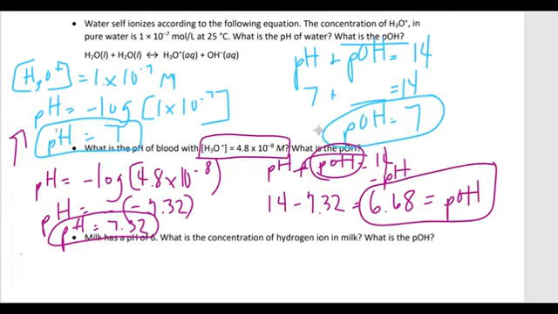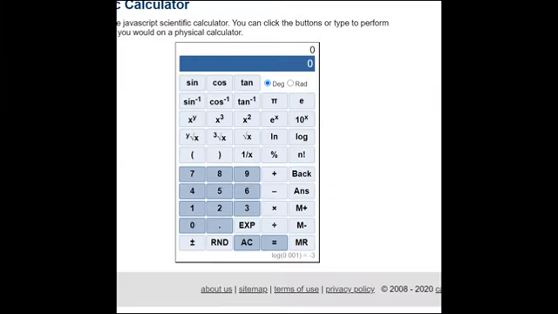Now let's look at your calculator. I'm putting this into your calculator to make sure, because this is where a lot of people go wrong and get the wrong answer here. All right, so let's make sure that you are typing this in. I'm going to use the log of 4.8.